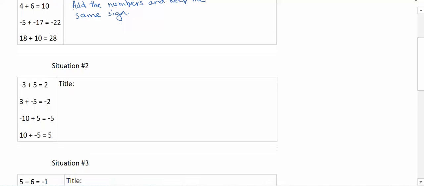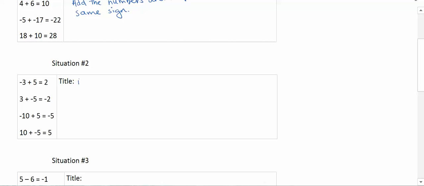Okay. Look down at the next example. Our next situation here, we are adding again. However, this time we are adding numbers with different signs.